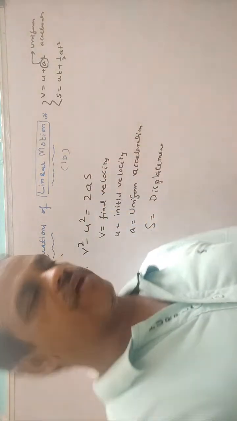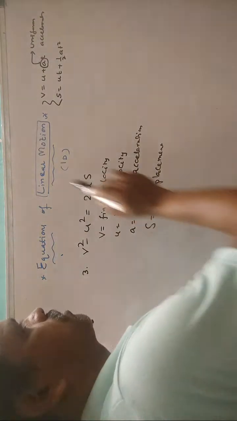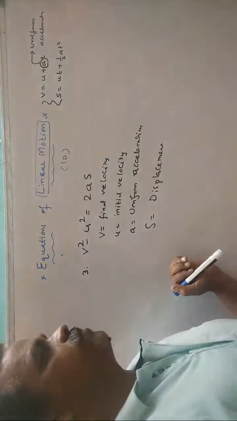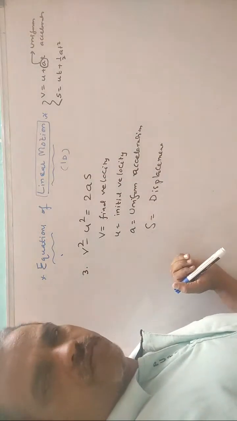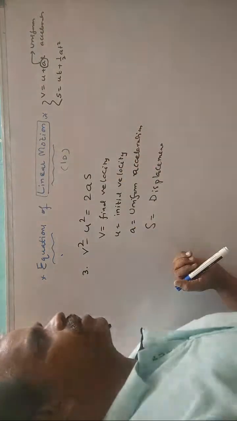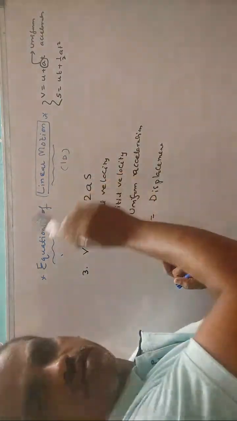So this is the third kinematic equation of linear motion, of 1D motion. We can apply 2D also, but we are discussing now only 1D motion. So final velocity, initial velocity, 2 into acceleration and into displacement.